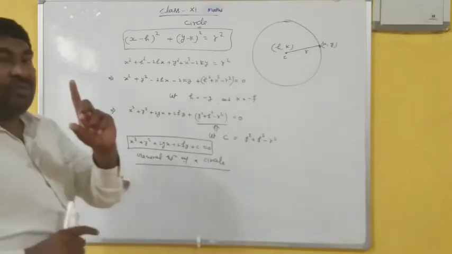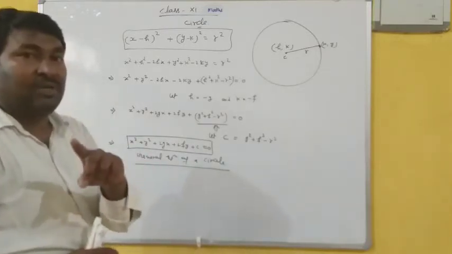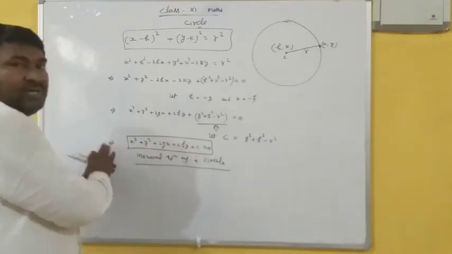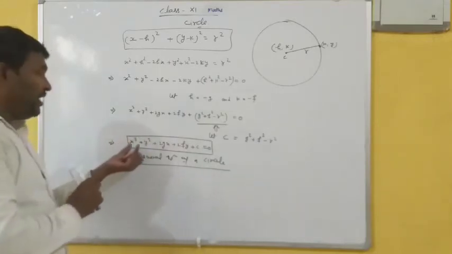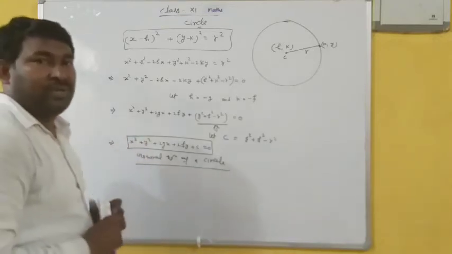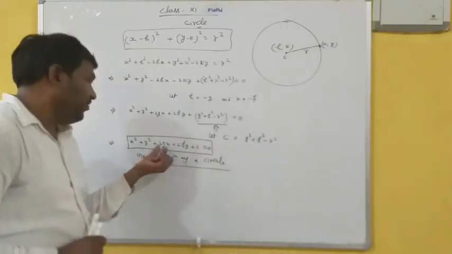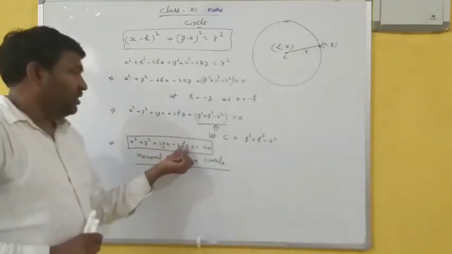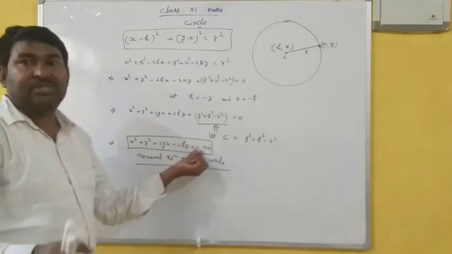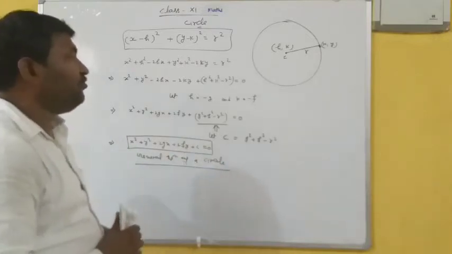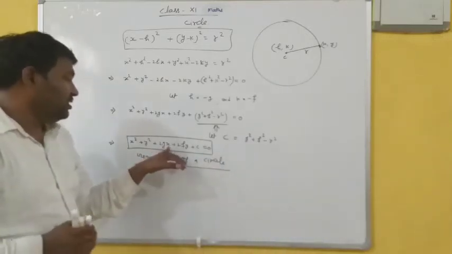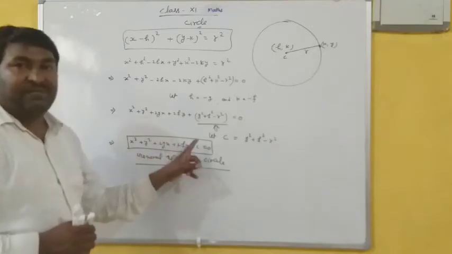So if in any equation of the circle you are given, suppose, 2x square plus 2y square, then first of all divide by that quantity, making the x square and y square coefficients 1. Then only can you compare and find the values of g, f, and the constant quantity.